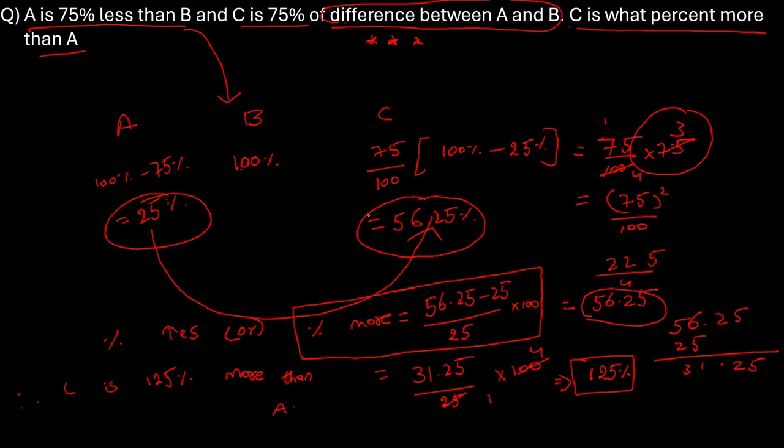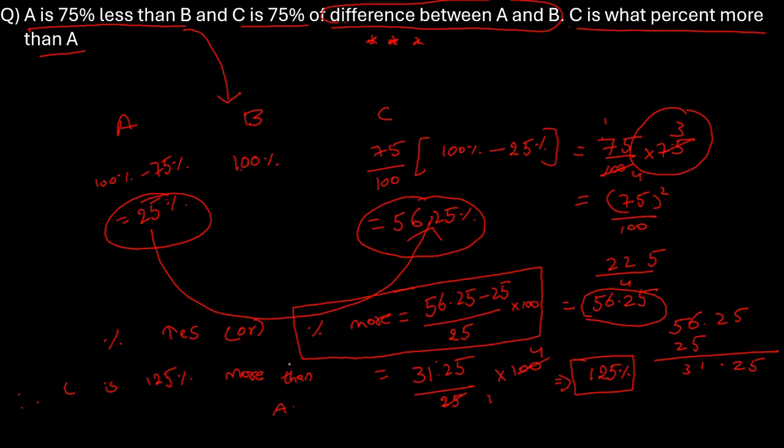C is 31.25% more with respect to A. So, the difference is 31.25 and the initial value is 25%. So, the fraction 31.25 by 25 is multiplied with 100 in order to get the percentage which is more. So, after the calculations, I got 125%. So, I can conclude that C is 125% more than A.